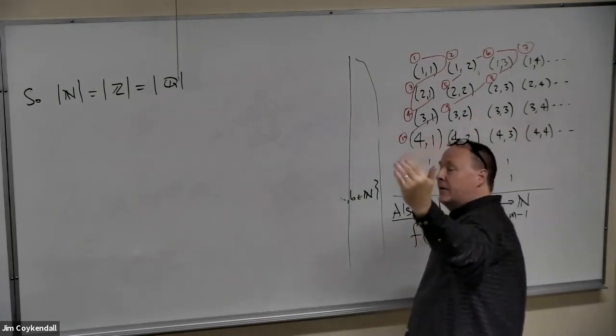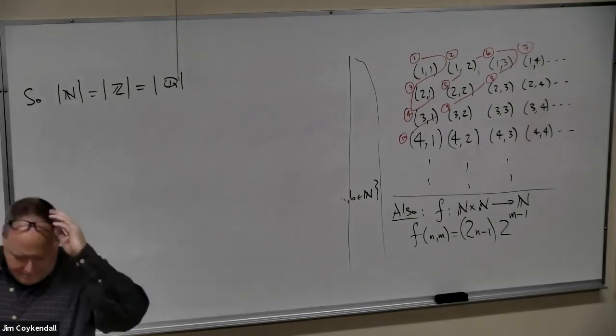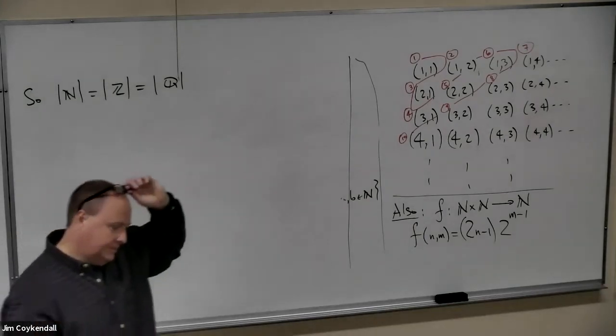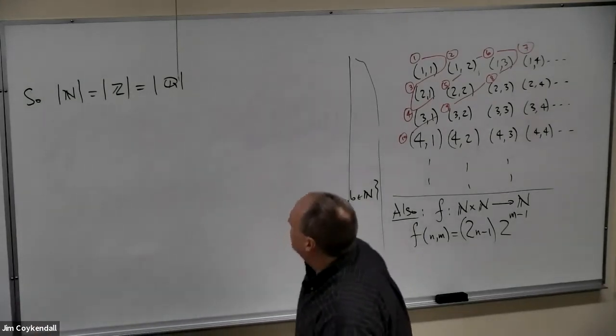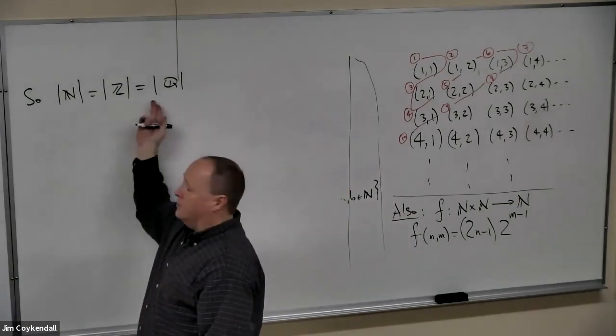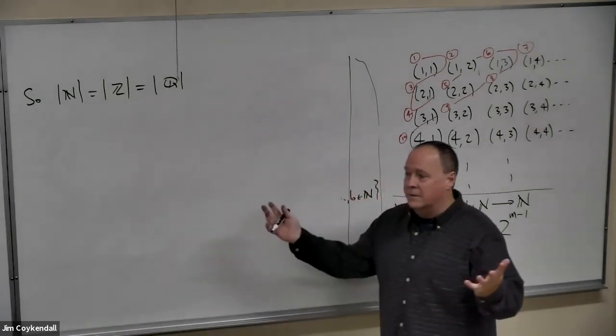So you can think of that as natural number, natural number. Now you have to muck around a little bit with the sign, but that's fairly easy to get around. Okay, so even though it's counterintuitive, we now know that the size of these three infinite sets, they're all the same.